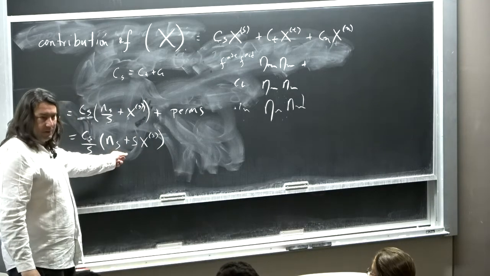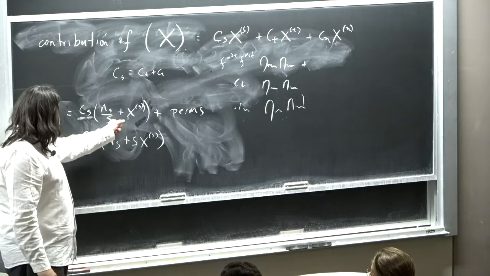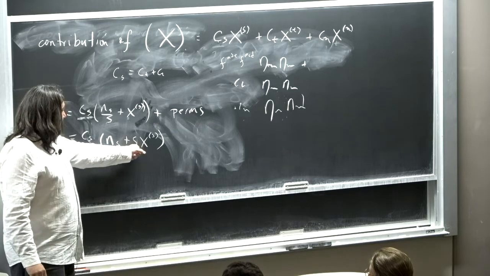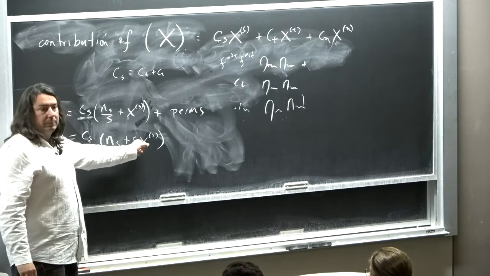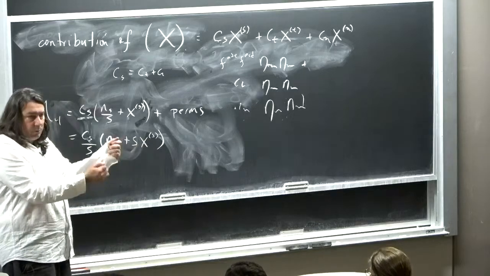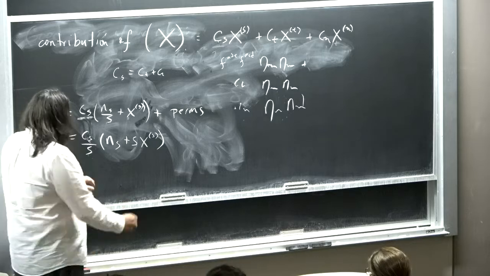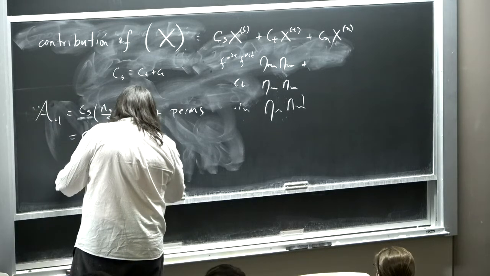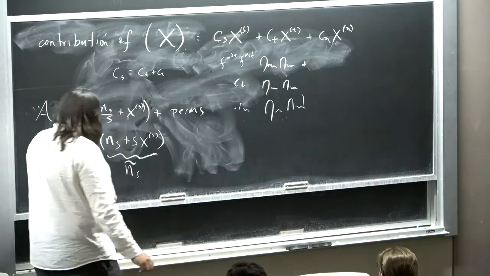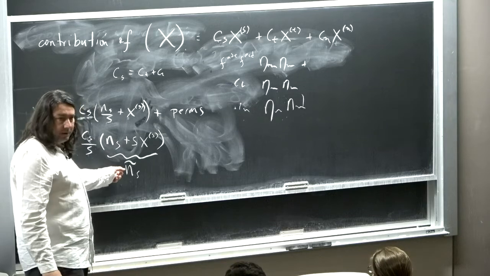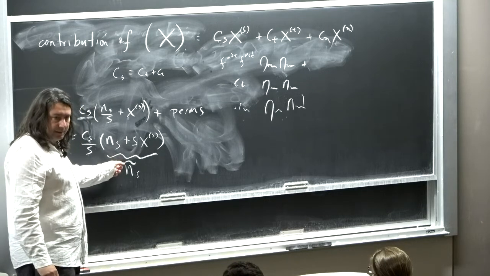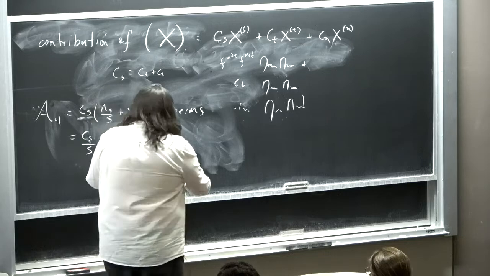I've done nothing interesting. I just pulled this S out in front of both, and so I need to multiply by S here, so all I did was multiply by 1. But now I can call this NS twiddle, and I'm describing my entire amplitude in terms of cubic diagrams, plus perms.